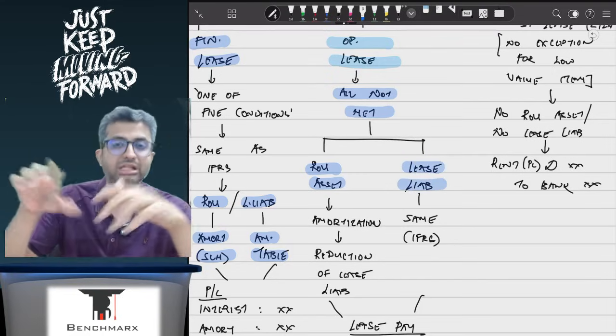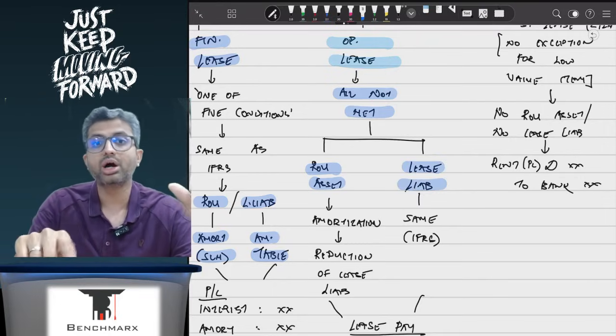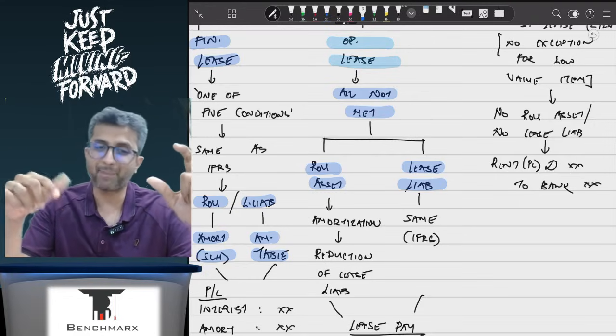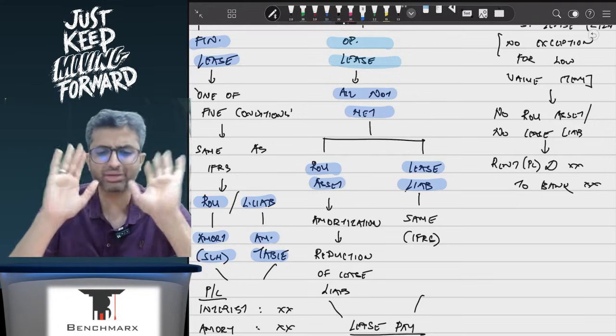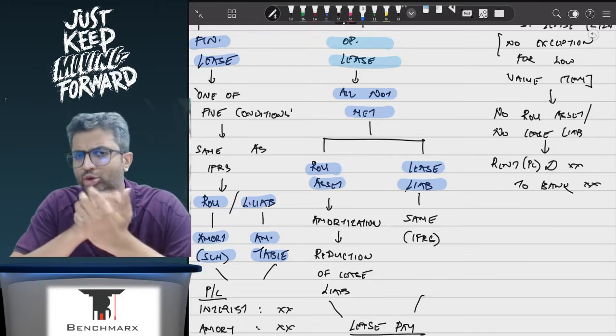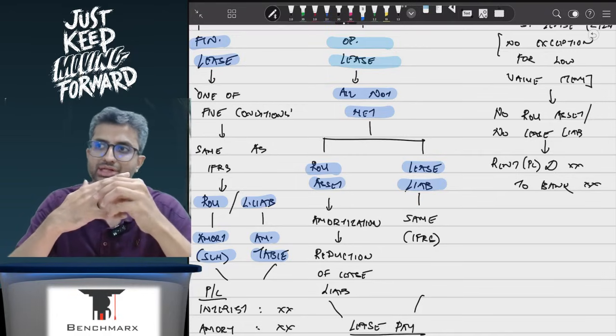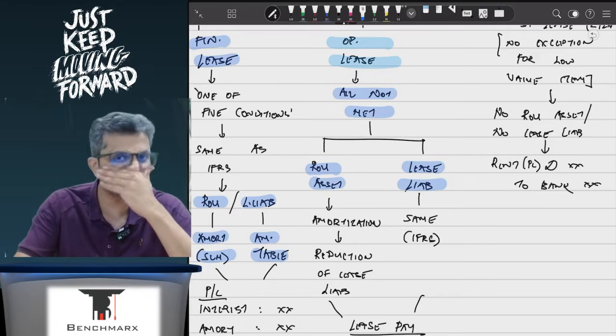The working for lease liability again will be that same table. Your opening 37,910 plus interest minus payment, and hence your closing will come. That same working will happen. However, when you look at the ROU asset, they have a very unique way to amortize it. They say, what is the principal payment in terms of a lease?